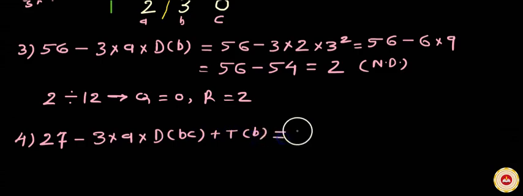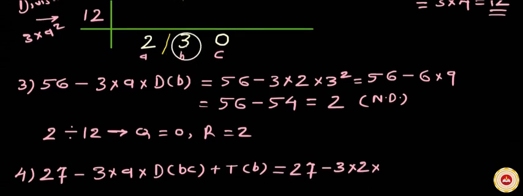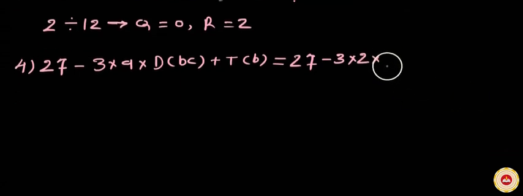Which is equal to 27 minus 3 multiplied by a. What is a? A is 2, multiplied by duplex of BC. What is B here? 3. What is C here? 0. So how to calculate the duplex of two digits?